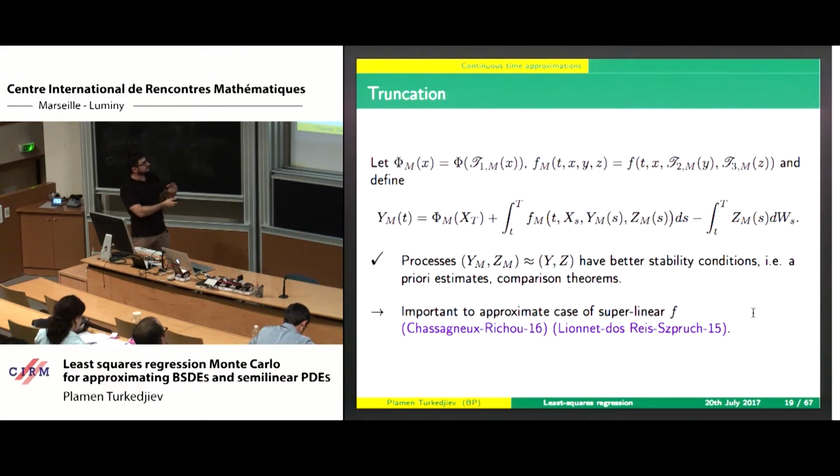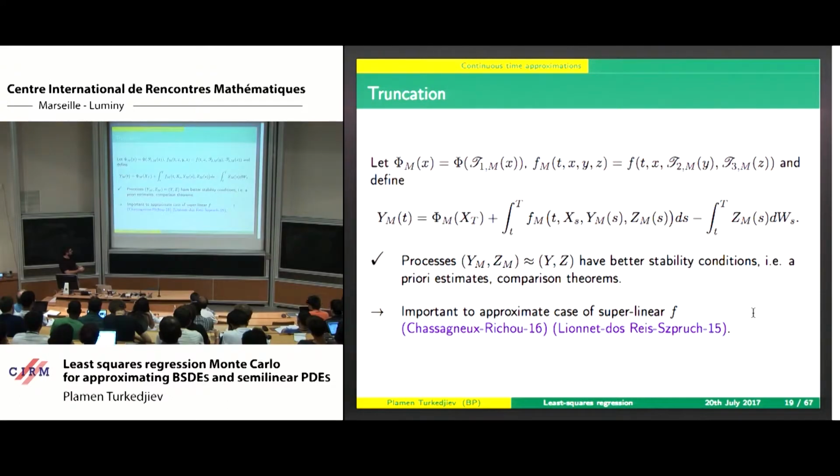And for some very key problems, people have proposed algorithms. The ones I want to note particularly are Jean-François, who's here, and Adrien Richoux, and Arnaud and Lukáš, who are both here as well, if you want to speak to them. Jean-François and Adrien solved the problem where the function f had quadratic growth in the z term.